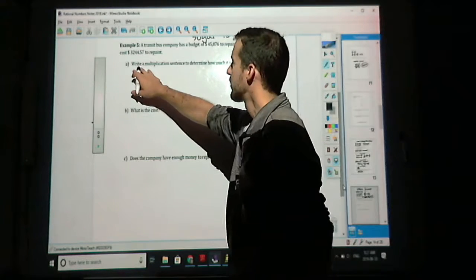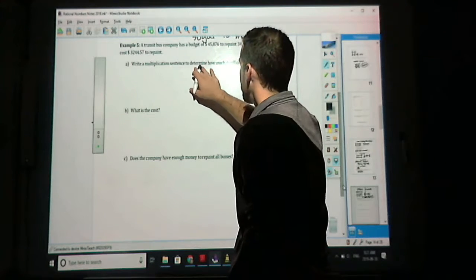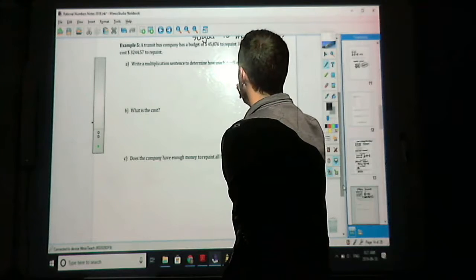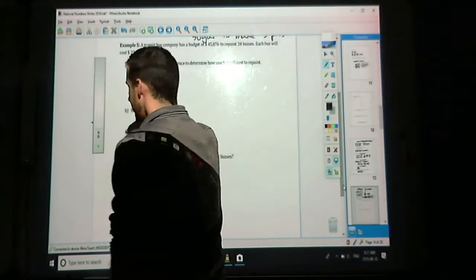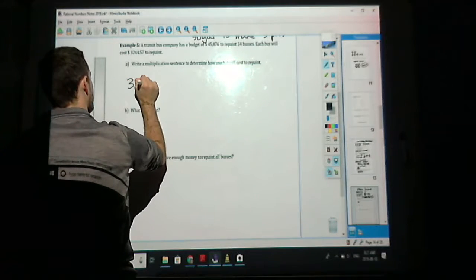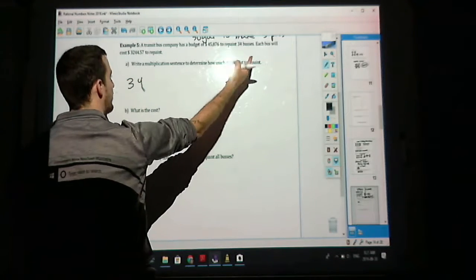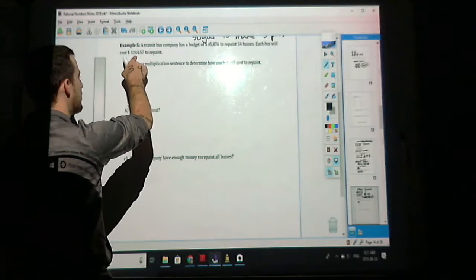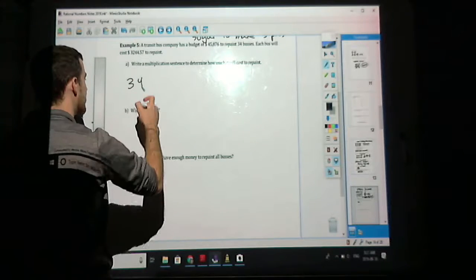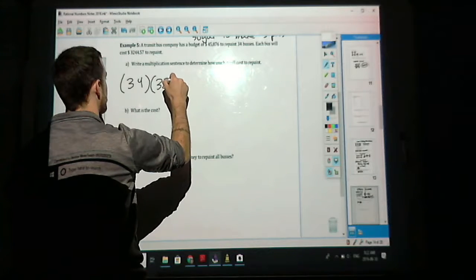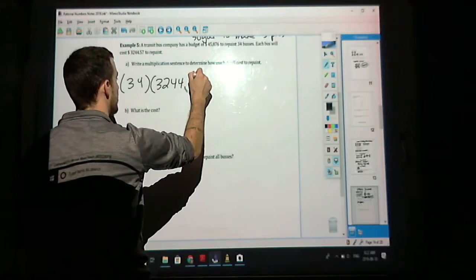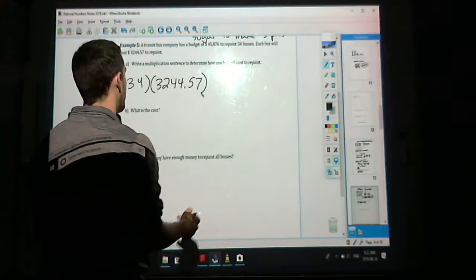Okay, so first thing we're going to do is write a multiplication sentence to determine how much it will cost to repaint. All right, so we have 34 buses, and each bus will cost $3,244.57 to paint. So we need to multiply that number, and we will see.